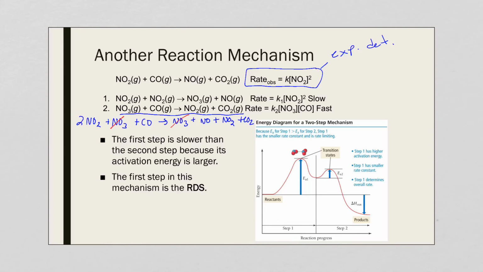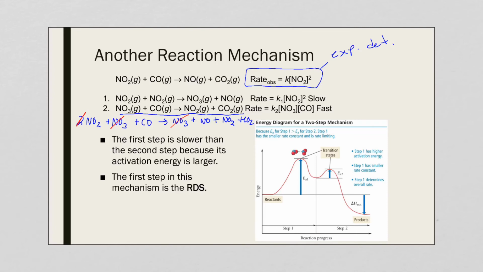That's going to be an intermediate in this process. So if we wanted to label the reaction intermediate, NO3 would be what that is. And then we also have NO2 on both sides. We have two molecules here, one molecule over here, so we can cancel out one of those on each side. When we write our overall reaction, it's going to be the simplified one.